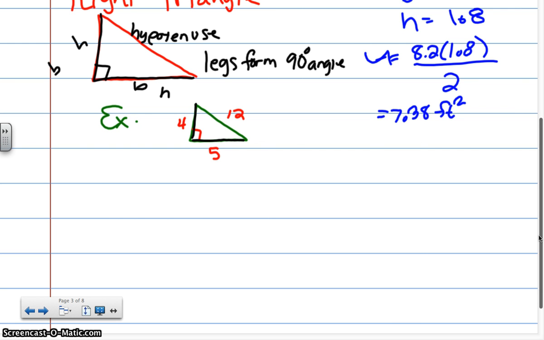Remember, your height is formed by a 90-degree angle to your base. So my area would be 4 times 5 divided by 2, 20 over 2, 10 units squared. I didn't write the units. So you'll want to know right triangles too, and knowing what the height and the base is.